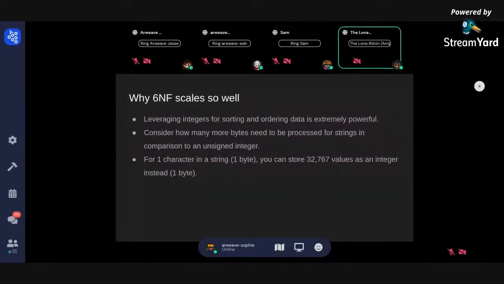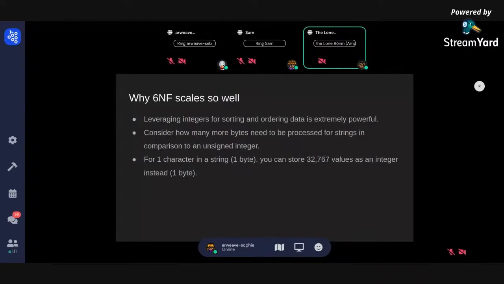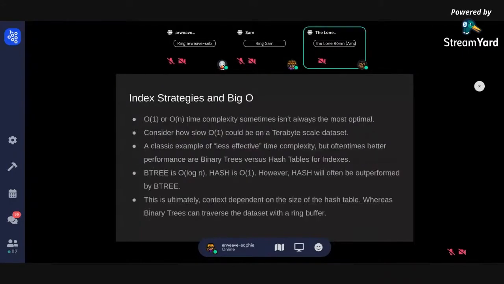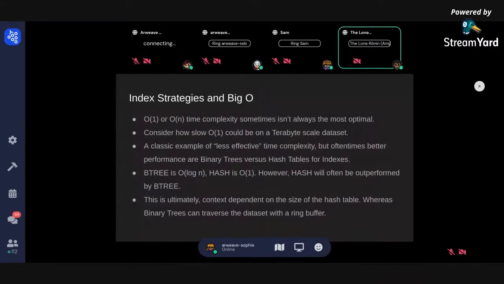I think that representation alone alludes to why sixth normal form is so powerful, given how much smaller each index is that you have to deal with, as opposed to, say, indexing a relatively large text field, for example.